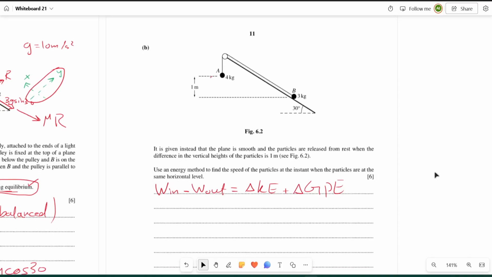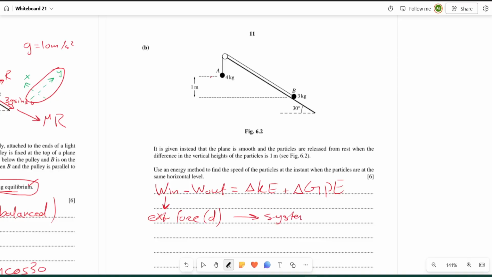But before we do that, you need to understand what each term means. Work in is basically any external force multiplied by distance. Because work is force times distance, which force? Any external force that gives energy into the system.